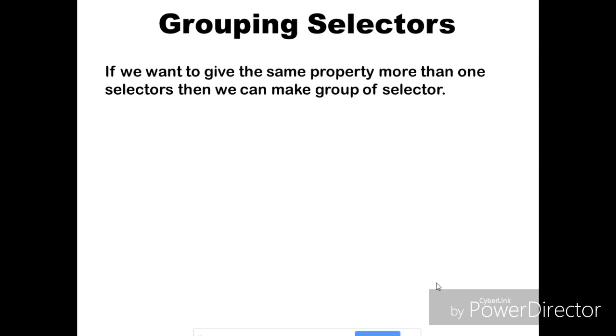It means suppose I want to give the same properties to the ID selector, the class selector, or the element selector, then I can make a group and define the same property only one time. The syntax of grouping selectors is: first we write our first selector, then a comma, then one space, then our second selector, then again a comma, and so on. Suppose I want to give the same properties to two selectors, an ID and a class.